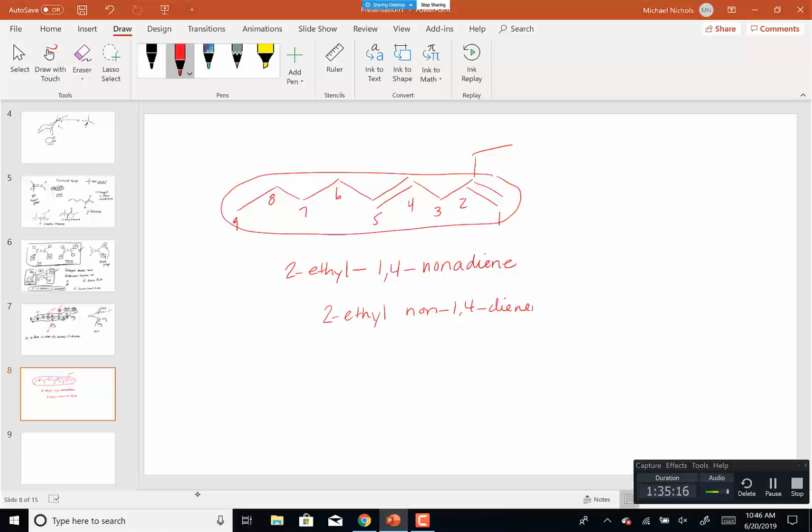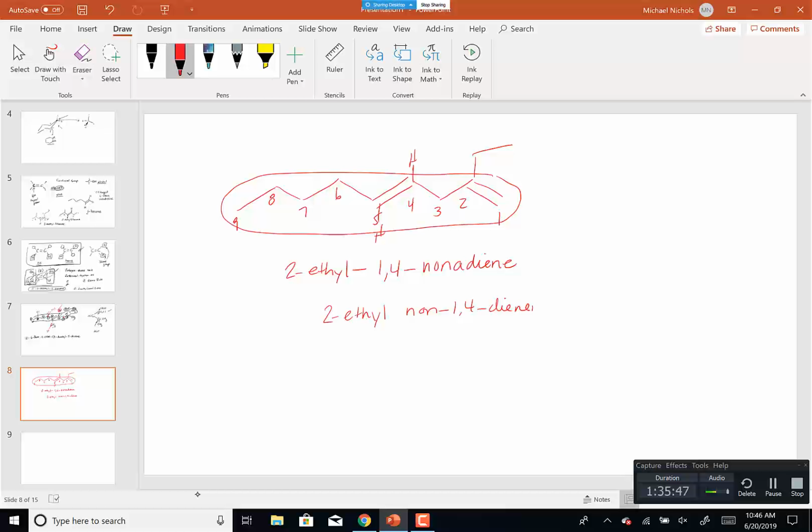What's the stereochemistry of the 4,5 double bond? E or can I use trans for the 4,5 double bond? Yes? No?